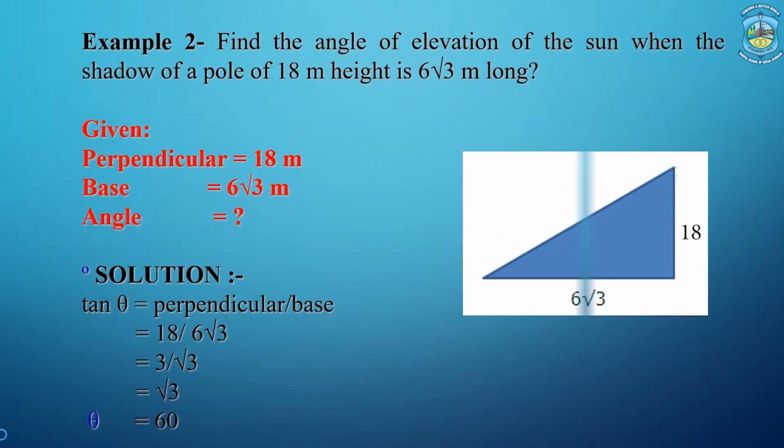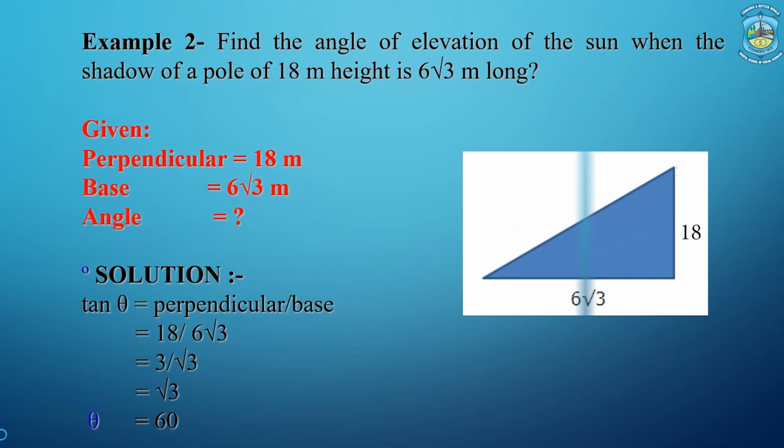Now you can see in this diagram the height of the pole is 18 meter and the shadow is 6 root 3 meter long. We need to find the angle of elevation. So the perpendicular is given, 18 meter, the base is given, 6 root 3, and the angle theta we need to find out. So again perpendicular and base are given, which means by using them we find theta.